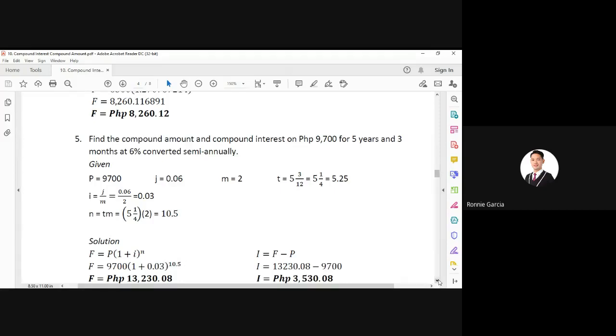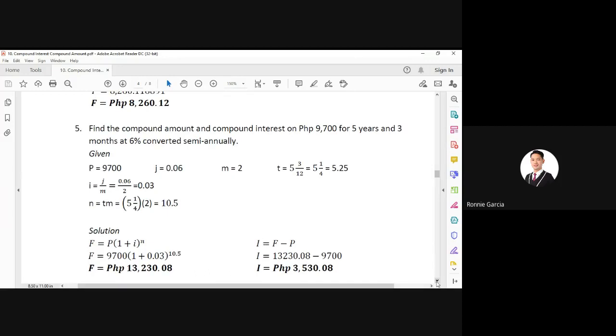So 1 plus 0.03 is 1.03, raised to the power of 10.5, that is 1.363926161. If you verify it on your calculator, it is what I wrote here. So 1.363926161 times 9,700 will give you 13,230 pesos and 8 centavos, rounded off to the nearest centavo.